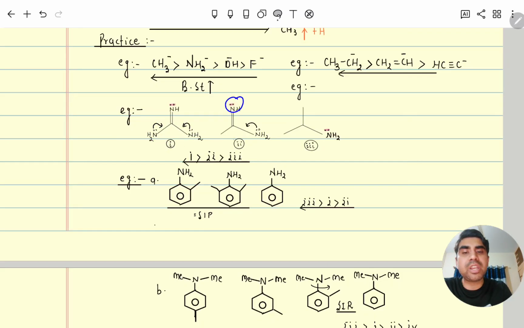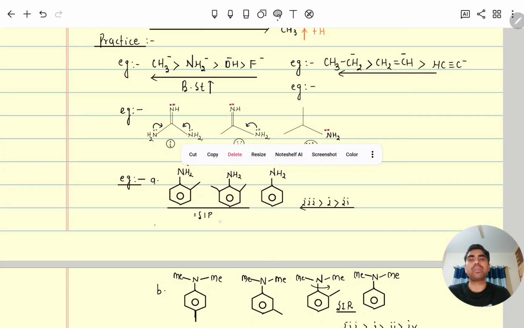Here electron density is relatively less, so overall basic strength is higher here, because it has more electron density than here and then here. Clear? Here you can see what is happening: SIP. So here SIP happens, here more SIP happens, here SIP does not happen. So basic strength will be higher here, then here, and here at last. So the third has more, then the first, then the second.